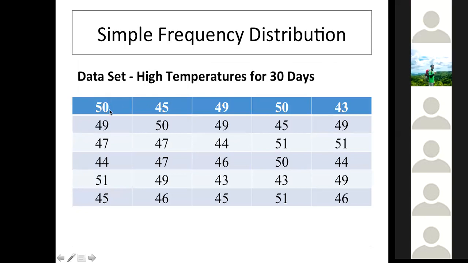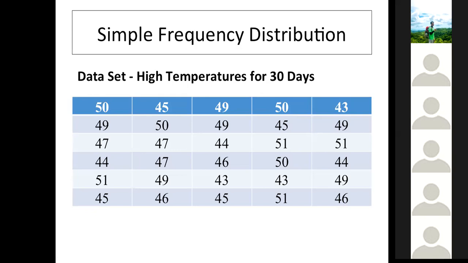This is the data. On the first day, second day, third day, until the end of the month, the highest temperature of the day is this. Sometimes 50 and sometimes 46. So this is your data. How are you going to present this data so that it is meaningful?